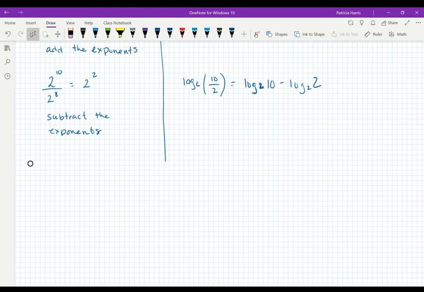Okay, couple more. If I have a power raised to a power, I would multiply my exponents.